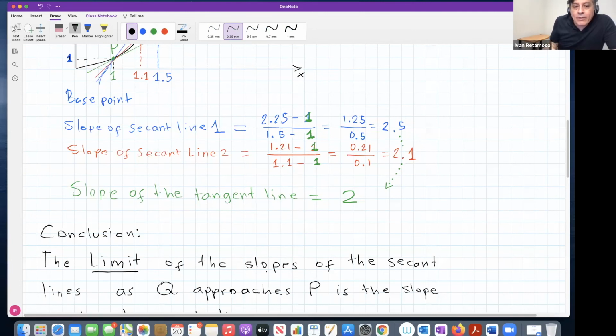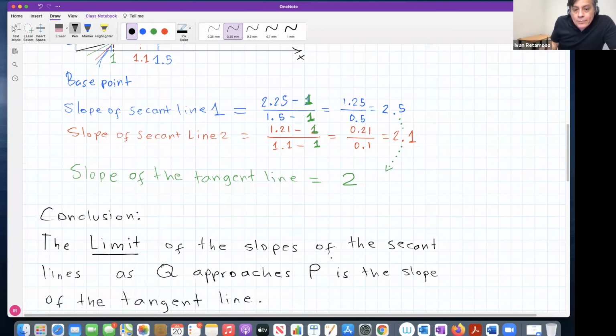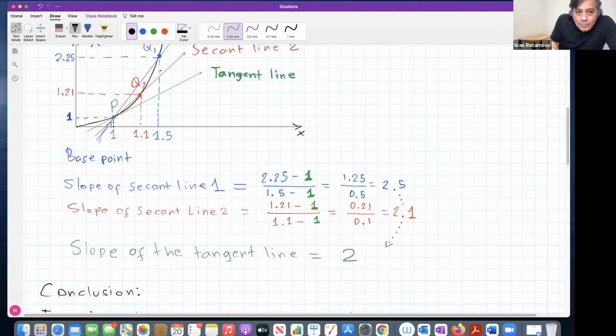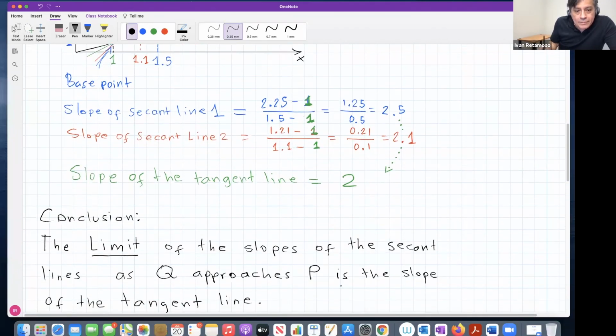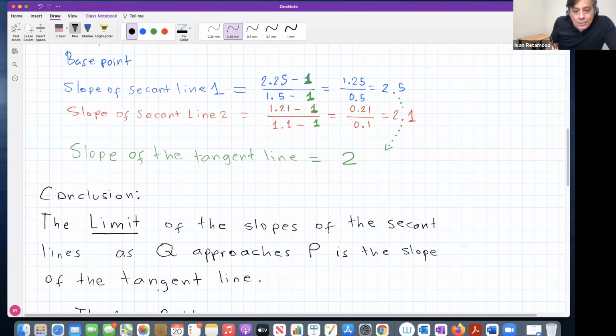The limit of the slopes of this sequence of numbers, these slopes of secant lines, as Q approaches P, right? So this is a sequence of Q's approaching P, that's important too. As Q approaches P, the limit is the slope of the tangent line.